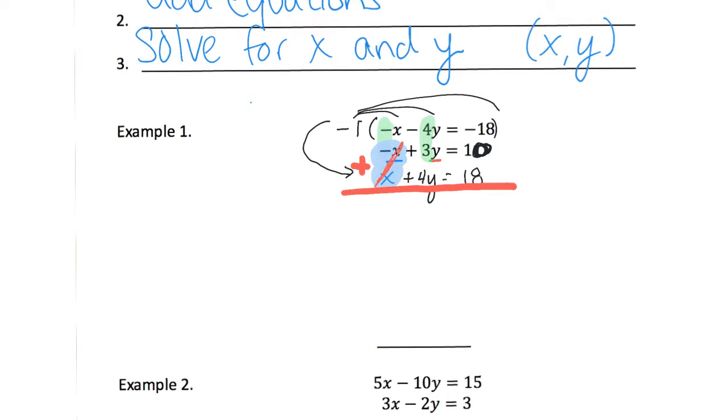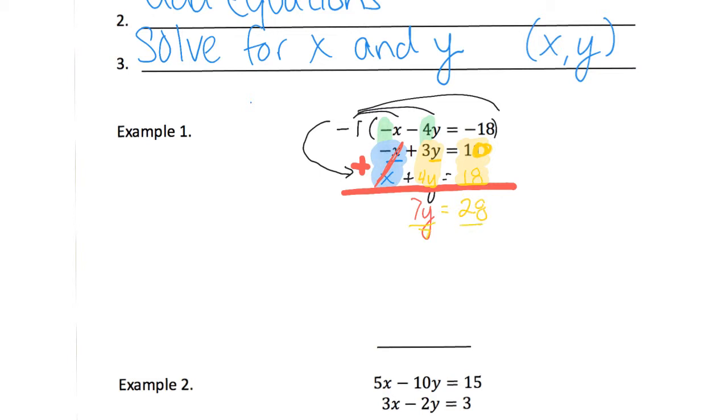In this case, my x is canceled because I have a negative x plus x. Now I want to add up my y's. 3y plus 4y gives me 7y. And now 10 plus 18 is going to give me 28.